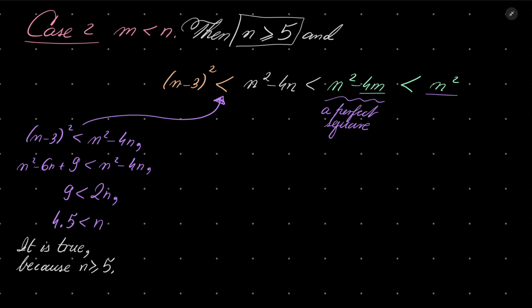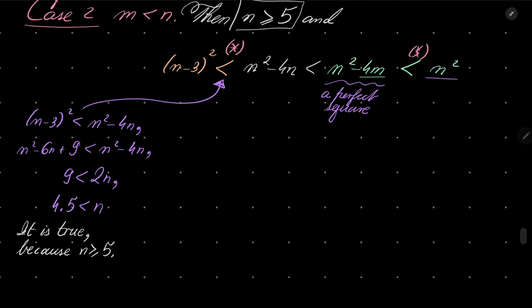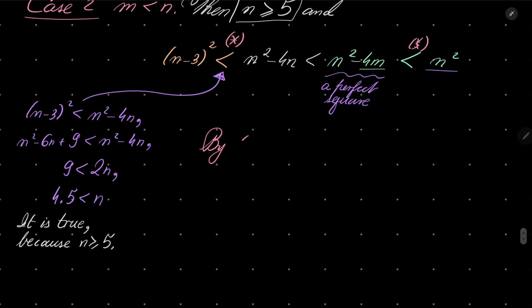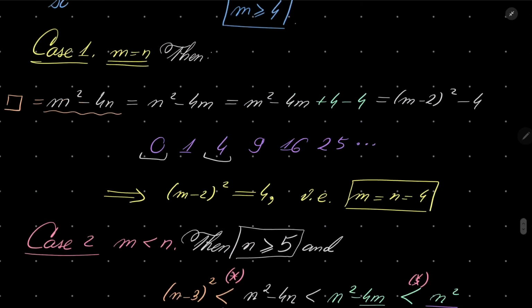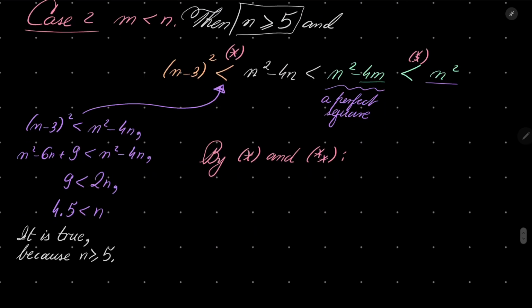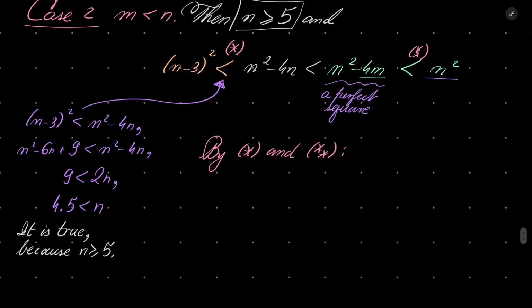So by this and by that, by asterisk and double asterisk, we have only two possibilities.